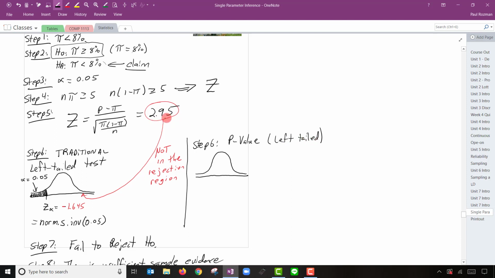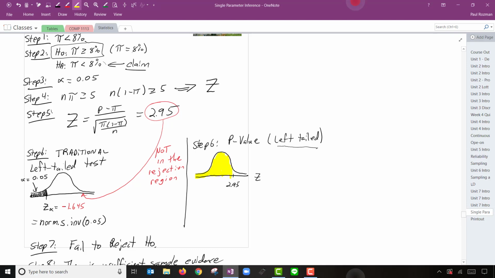Our value that we observed for Z was 2.95. Now, what is more extreme than 2.95 when you're headed to the left? That's anything smaller than 2.95. That's this big area. So we're going to end up with a large probability.